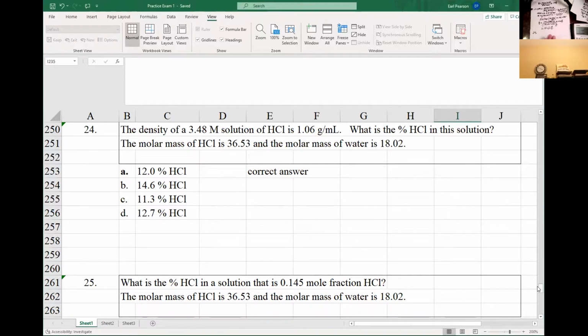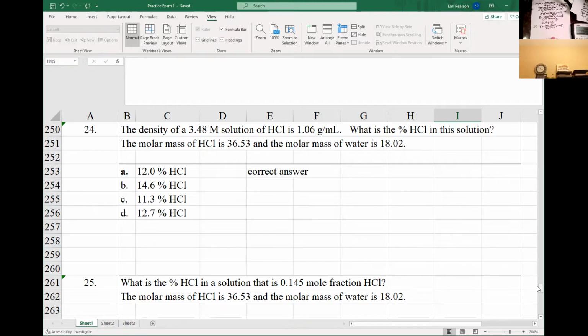So what is the percentage? Again, that's going to be equal to the mass of the solute divided by total mass times 100, and put it into percentages.